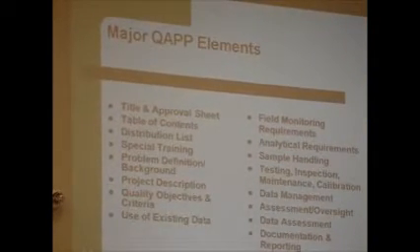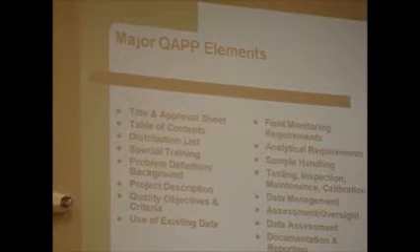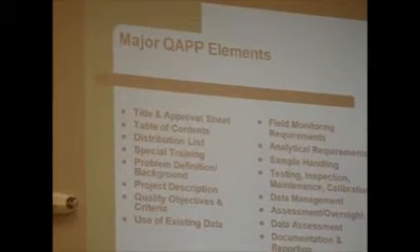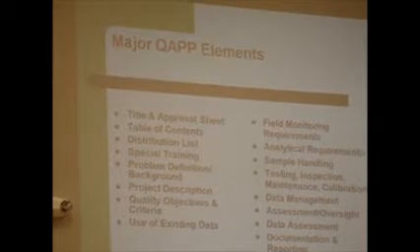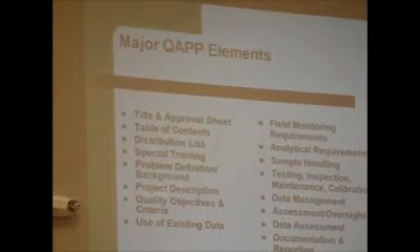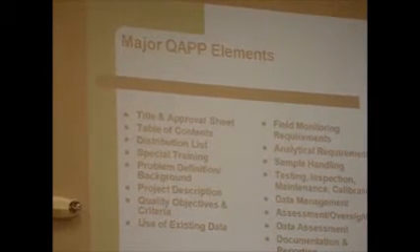So you've got to talk about who is involved in your project, what are their credentials, what training do they need, what experience do they need, what are your overall project objectives, how representative are your samples, what are your sources of bias, how sensitive do your instruments need to be. All of that information gets captured in a QAP.